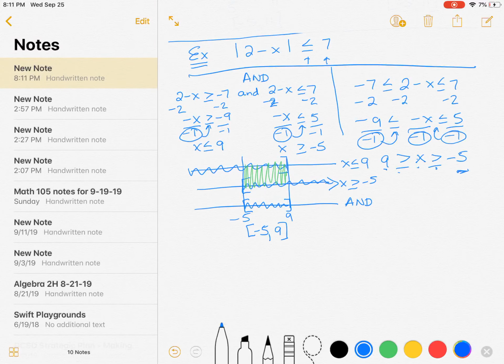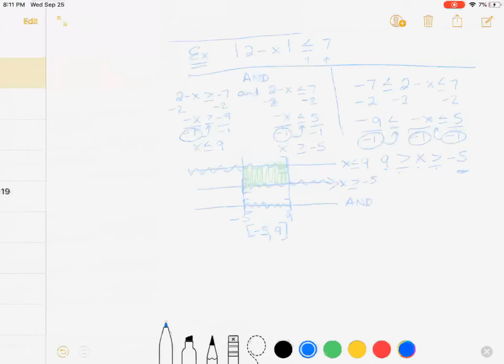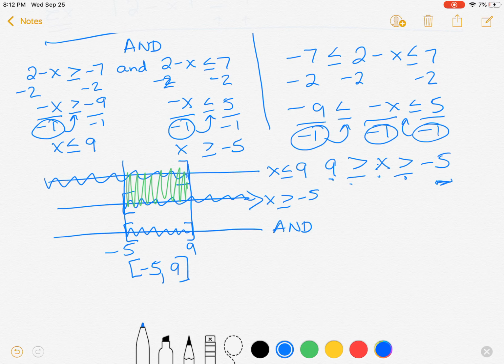So when you do this, you're still getting that it's bigger than -5, but it's less than 9. So it's bigger than -5, but less than 9. Okay, so still the same, -5 to 9.